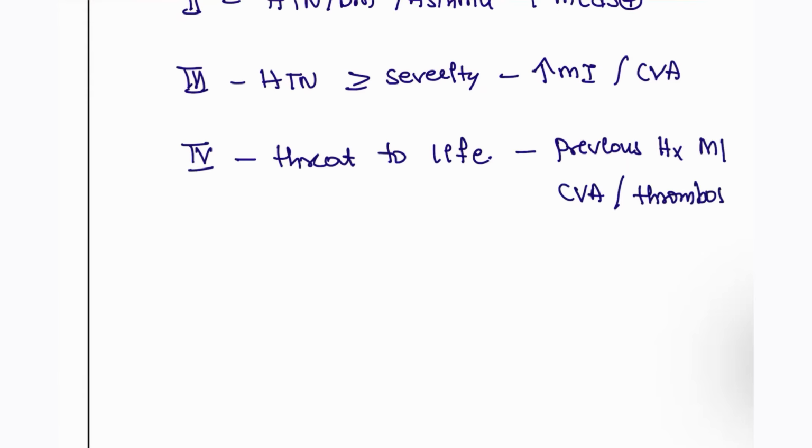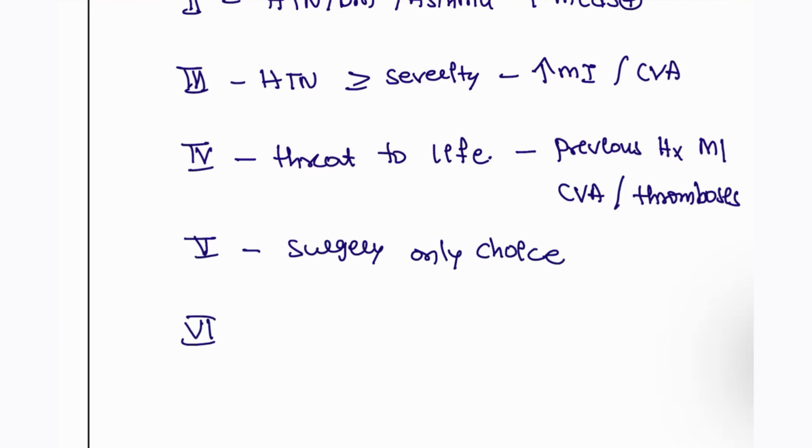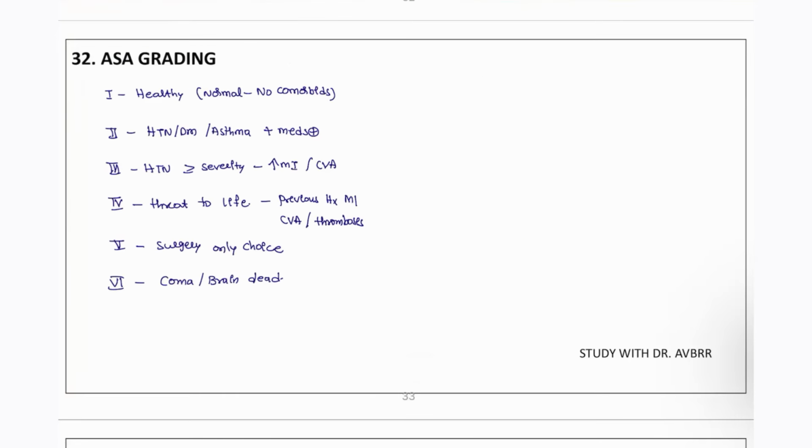This is a constant threat to life. Fifth grade, for this patient surgery is the only choice to let them live. Sixth grade, the patient is in coma or brain dead.